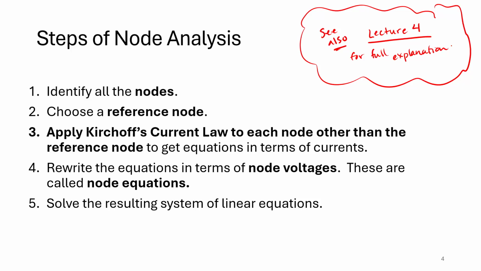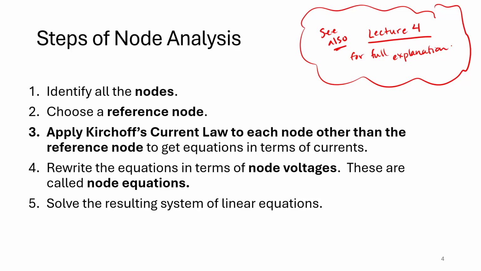Once we've chosen our reference node, we apply Kirchhoff's current law to each node other than the reference node. And this allows us to get equations in terms of currents. You may need to assume current directions and draw in some arrows if currents are not already given. The fourth step is to rewrite the Kirchhoff's current law equations in terms of node voltages.